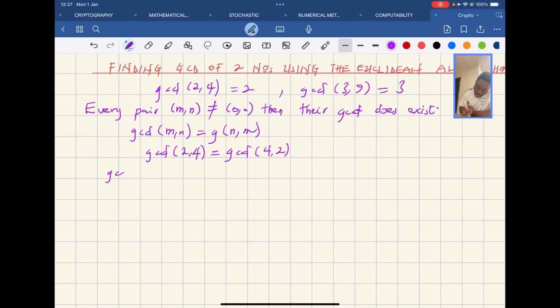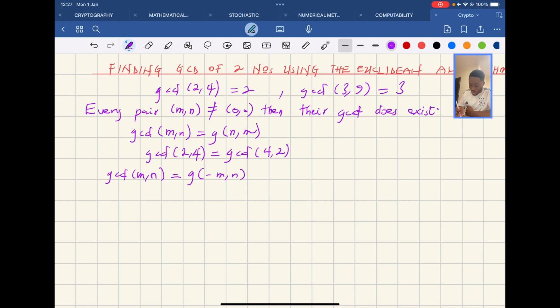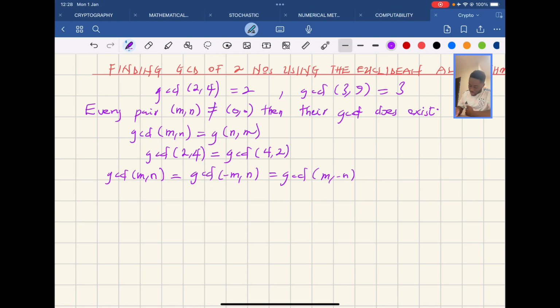Also, the GCD of m and n is equal to the GCD of minus m and n, and it's also equal to the GCD of m and minus n, and this is equal to the GCD of minus m and minus n.